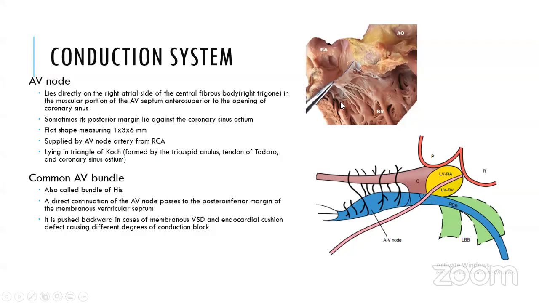It is pushed backward in cases of membranous VSD and endocardial cushion defect, causing different degrees of conduction block. This is the same illustration as before, the non-coronary and right coronary, but it has the right bundle branch and left bundle branch.